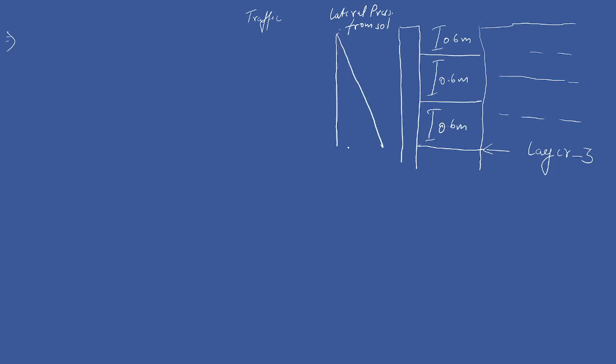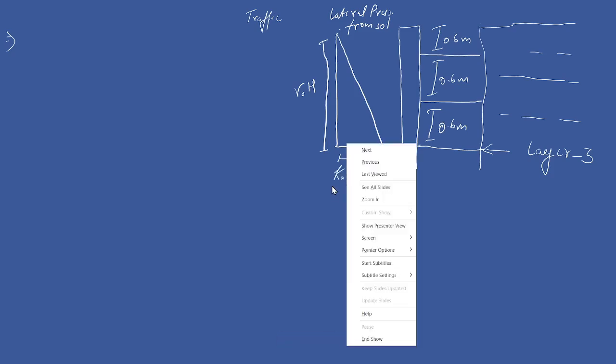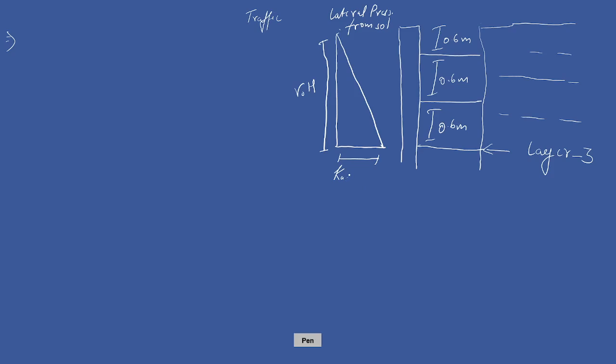So the total vertical pressure is gamma times H, and therefore the lateral pressure will be Ki times gamma H. The depth is H only. So the loading will be from the lateral pressure.